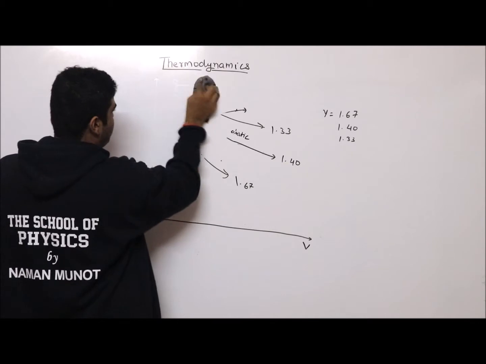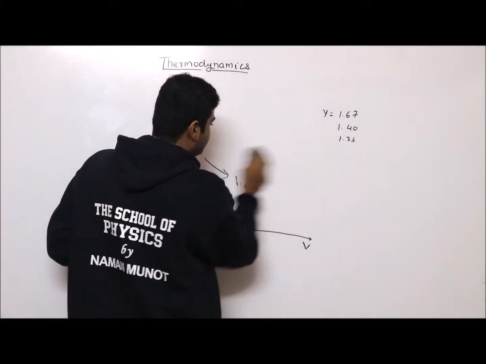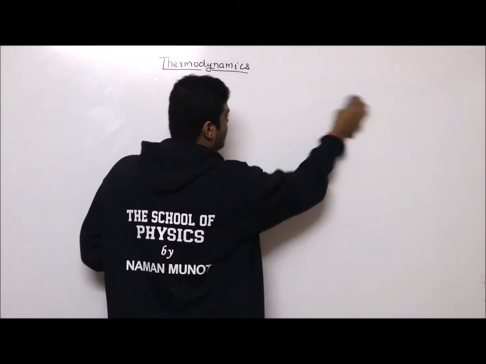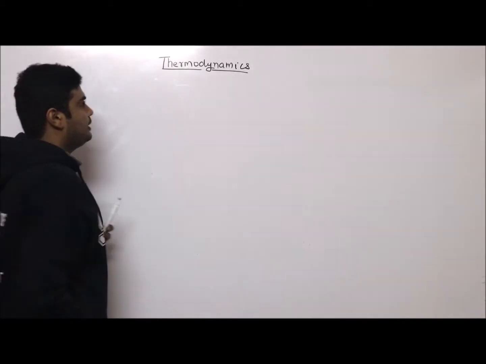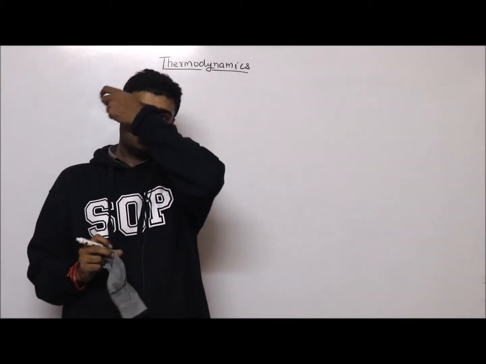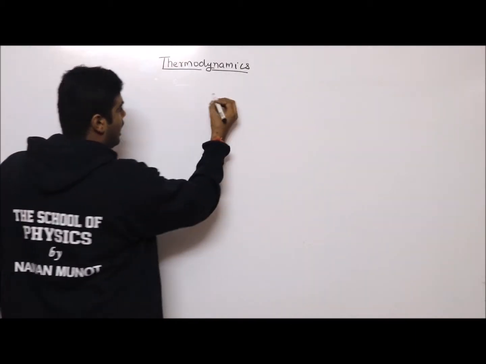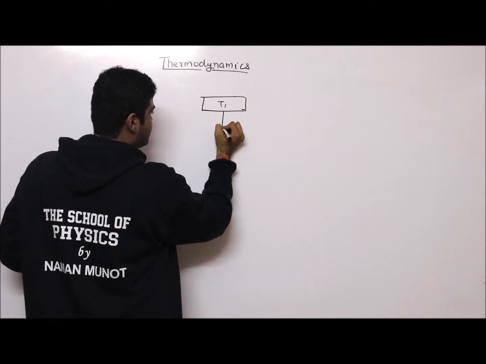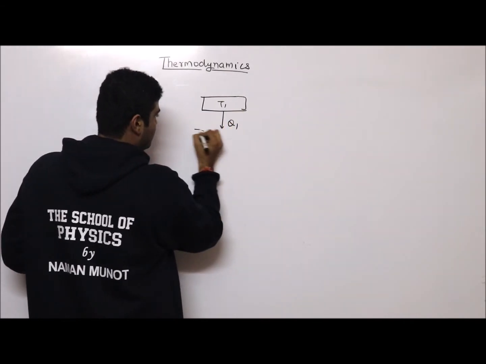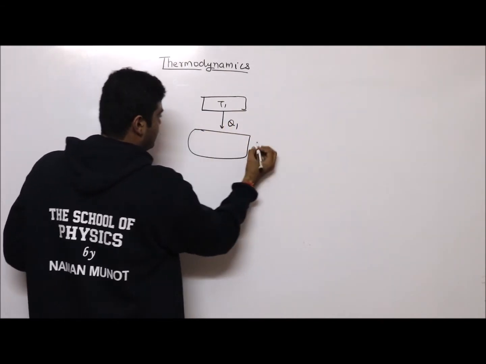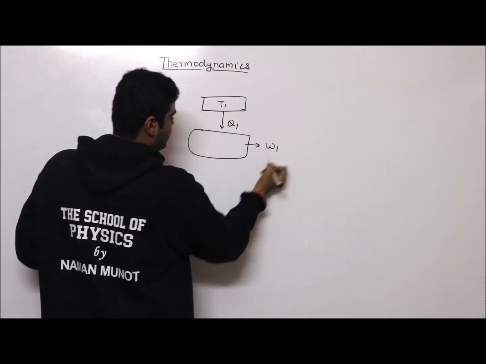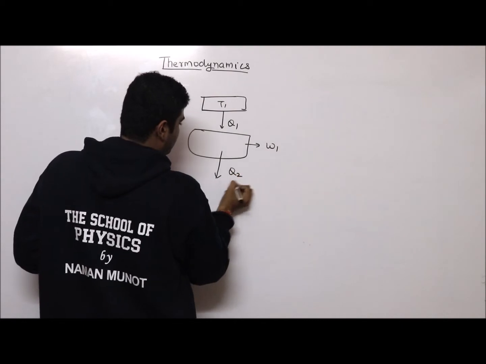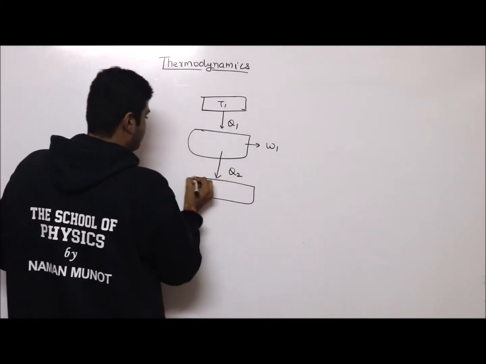Now we go to heat engines and Carnot cycles. So what happens in heat engines? Suppose I have this block of temperature T1, giving an energy Q1, and then this is my work process. Here work W is taken from Q1 and Q2 heat is released and goes to T2.